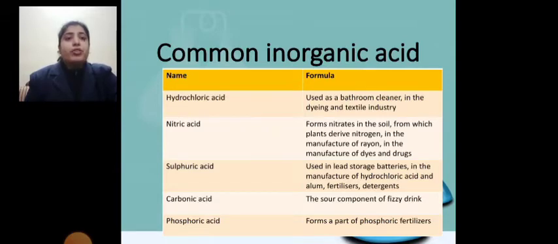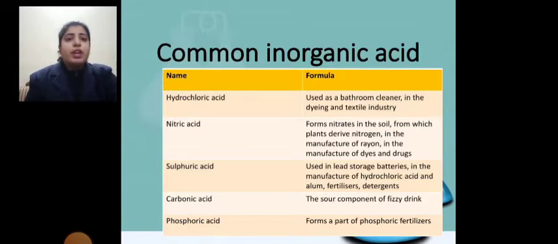Nitric acid also forms nitrates in the soil from which the plants derive nitrogen. The third one is sulfuric acid. Sulfuric acid is used in lead storage batteries. It is also used in the manufacturing of hydrochloric acid, alum, fertilizers and detergents.